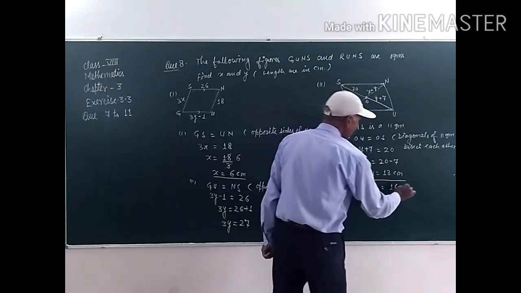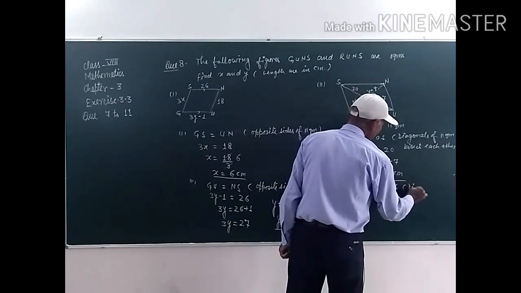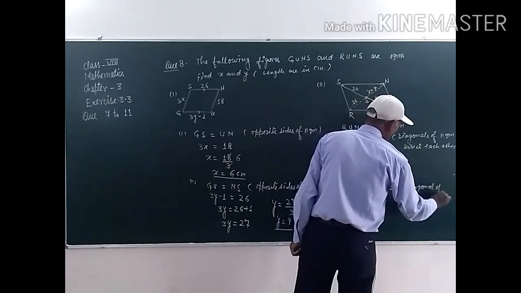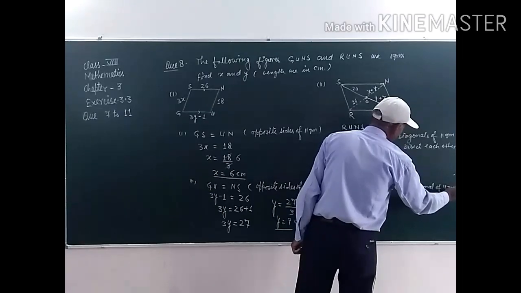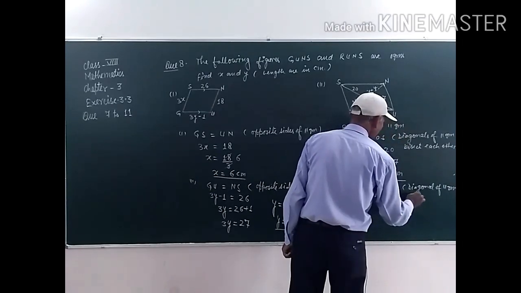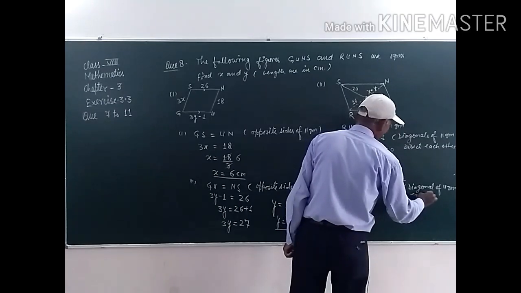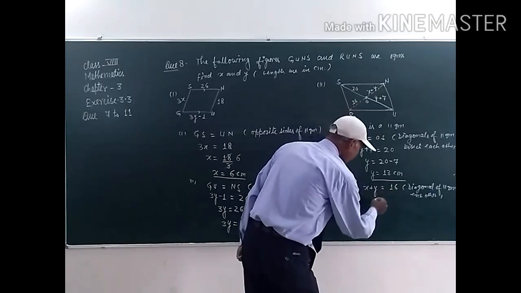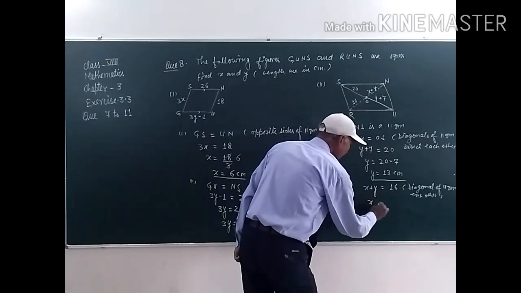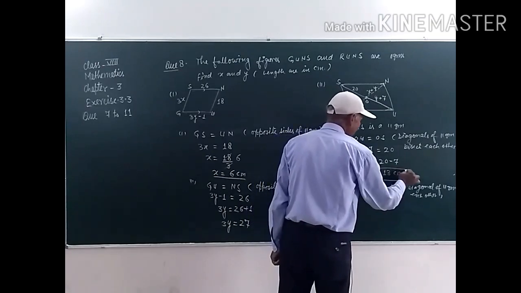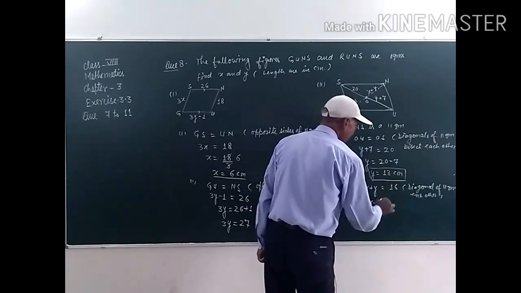Same reason, diagonals of parallelogram bisect each other. So x, this one, plus y, from first part of this question we have find the value of y, that is 13 centimeter.